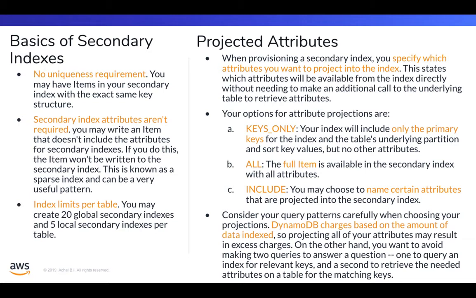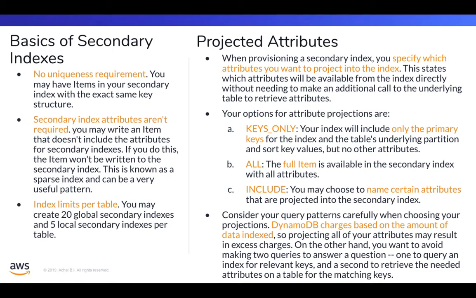Since there is no uniqueness, you will not get to use the GetItem operation on secondary indexes. It is also the case that not all attributes of the secondary indexes are required.